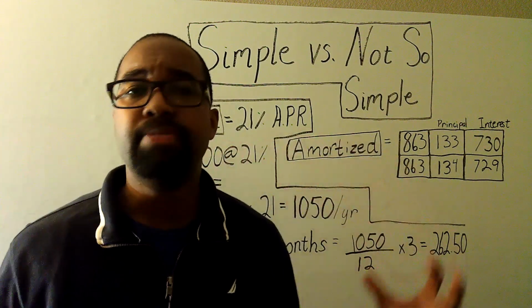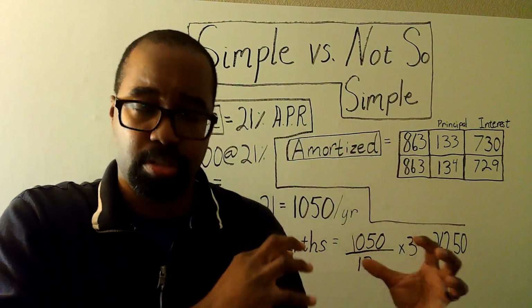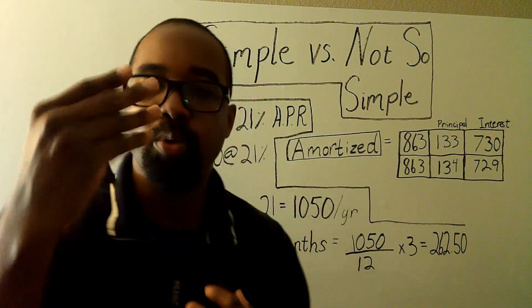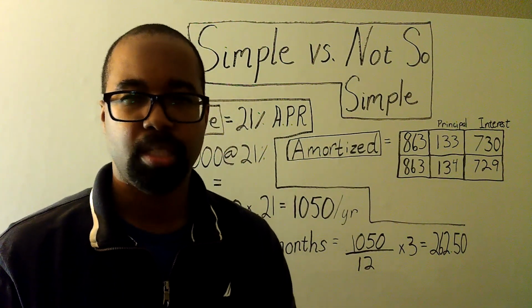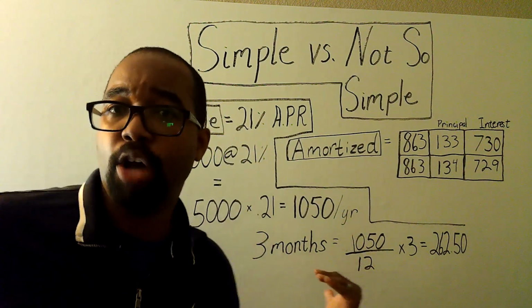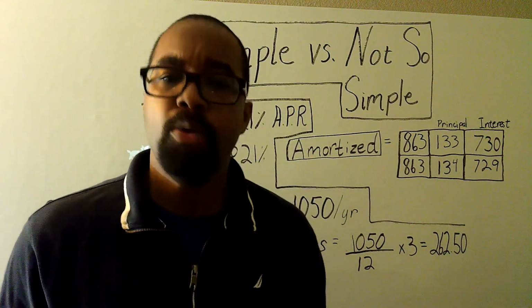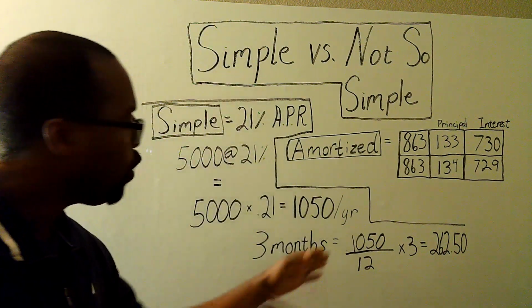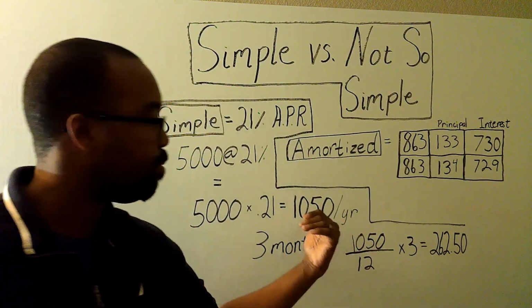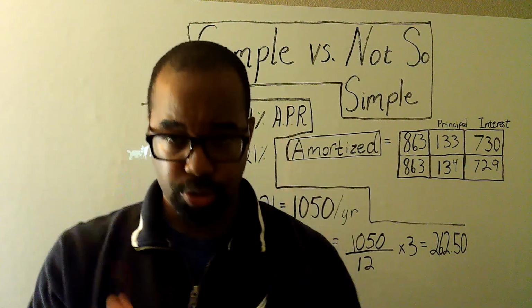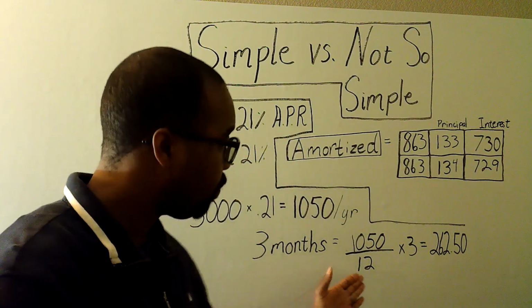So let's say you held that money. You held 5,000. It's going to cost you $1,050 for that year to hold that capital. Now, let's say you only held it for 3 months. How do you calculate it then? Well, this is how. We take that 1,050 of interest and divide that by 12.